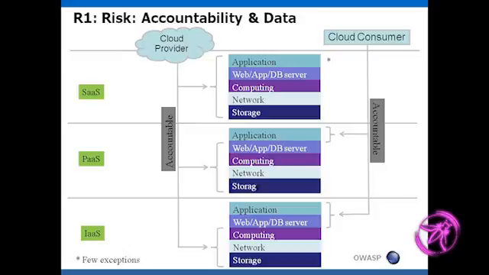So the point here is that we need to ensure that the cloud provider and consumer understand the accountability to secure those levels that they provide or operate or control, and that is true with the other 2 levels also.